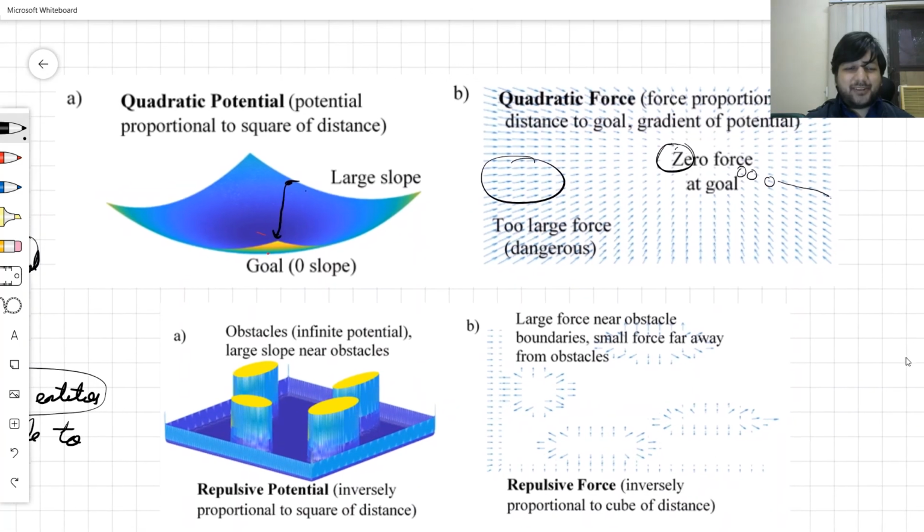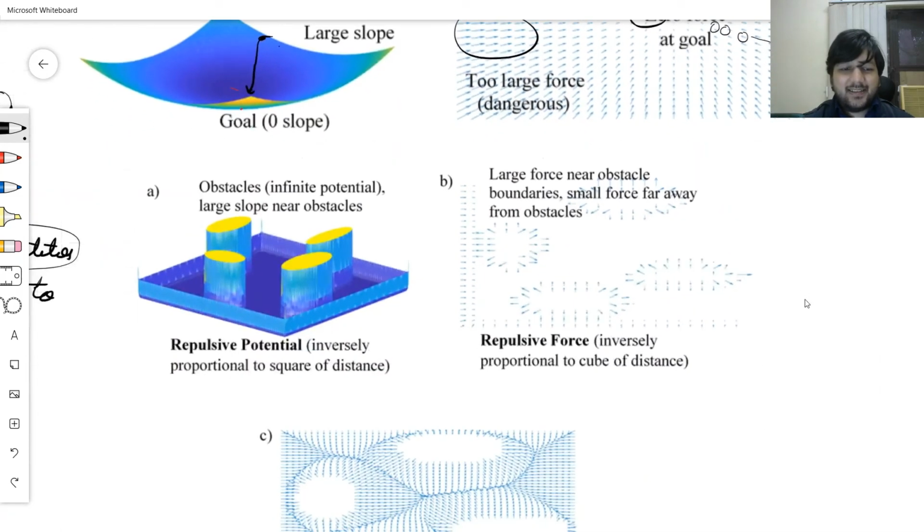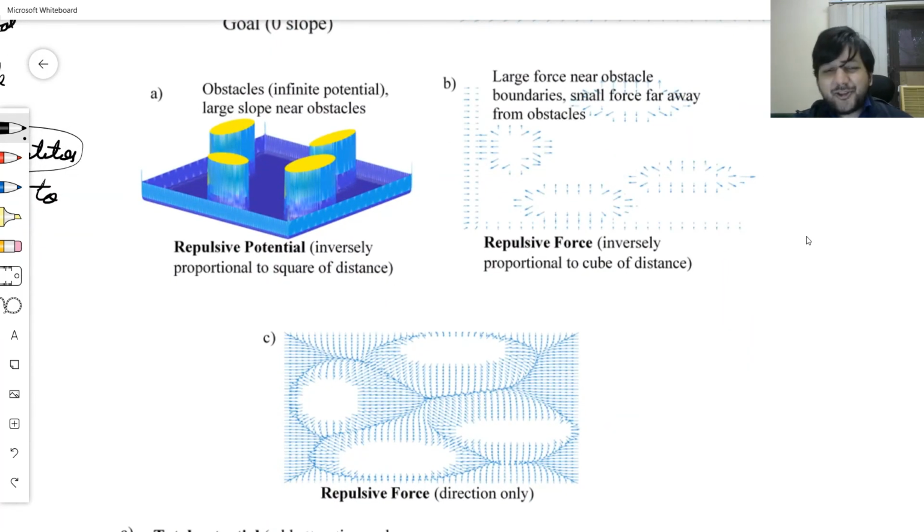I haven't plotted the conic, but it's absolutely very simple where all the directions will be constant. This is the repulsion, of course. You can see these forces are very large at the obstacle, and here they die off a little bit slowly. At the obstacles, it's infinite. So you see 4 obstacles, 1, 2, 3, 4.